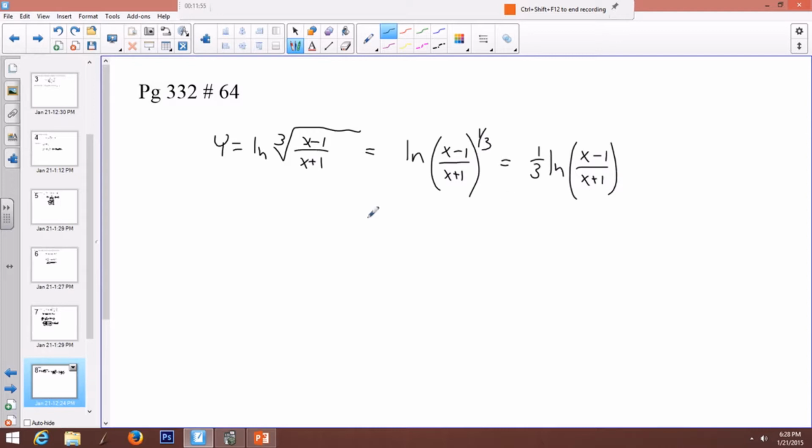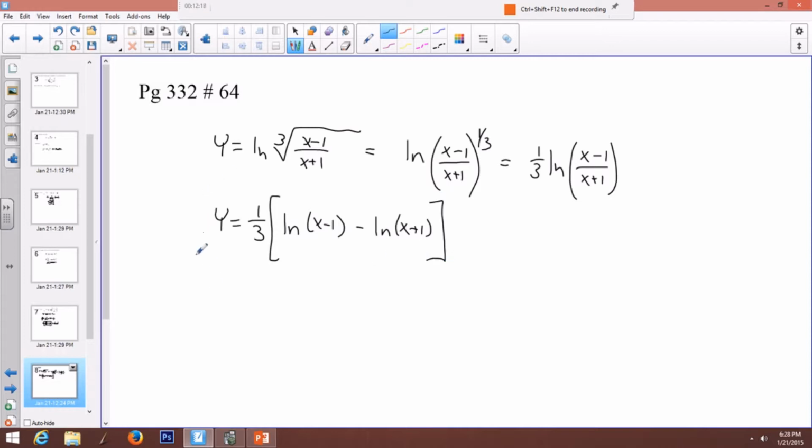Then I'm going to rewrite it one more time, so y equals, and I'm going to do the expansion like we did in the last problem. So I'm going to go 1/3, and then put a little bracket here, and then the ln of x minus 1 minus the ln of x plus 1.